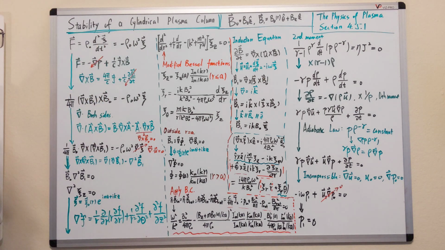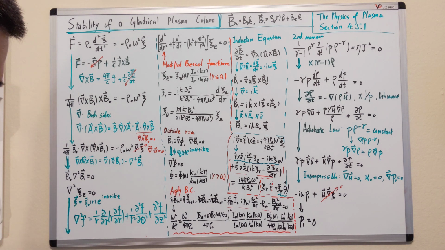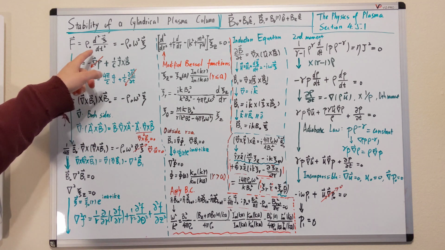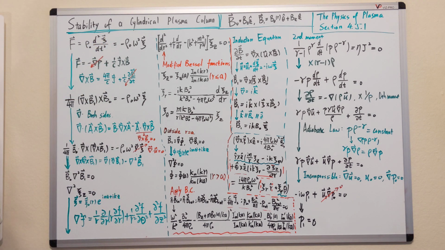So we start from the second law of Newtonian mechanics, force equals mass times acceleration, and psi is a displacement, or basically the distance that they move.